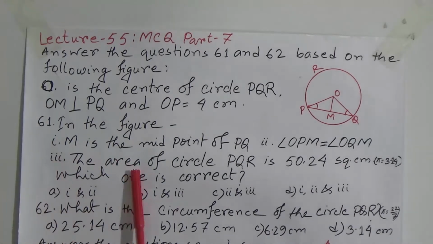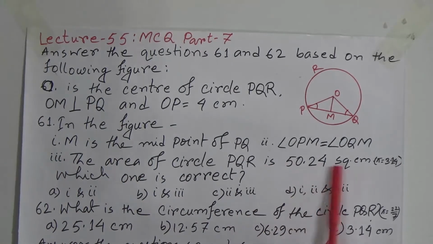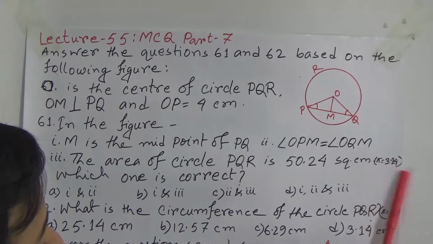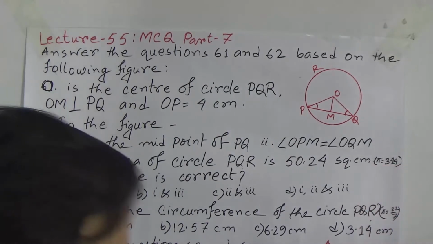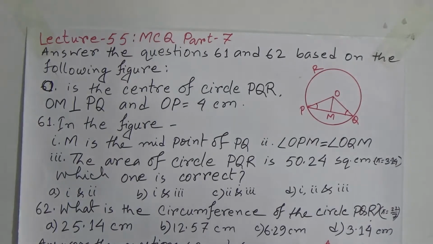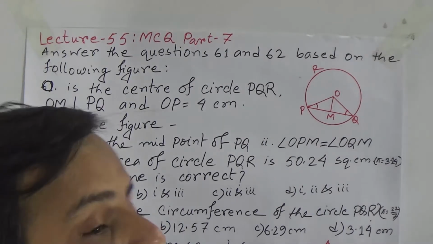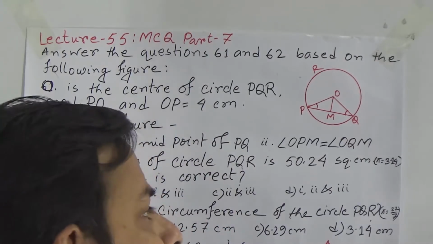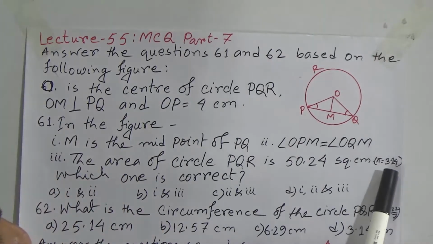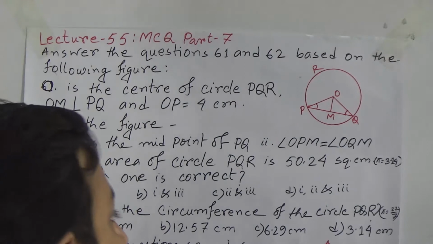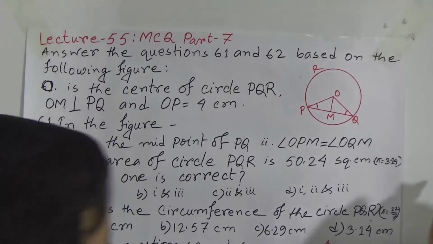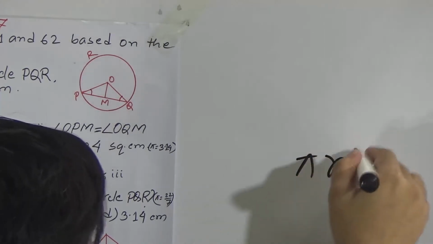Now 3. The area of circle PQR is 50.24 square centimeter, where the value of pi is given as 3.14. Students, you know pi is an irrational number. Its value is 3.1415, and in this way it continues. Here we have taken 2 digits after the decimal, so this is 3.14. Now you know the formula for the area of a circle: pi r square.